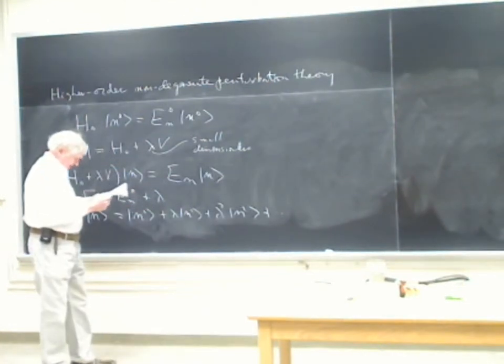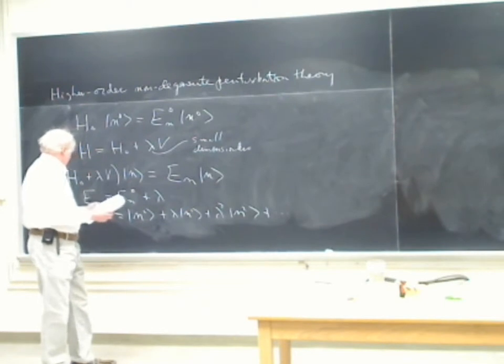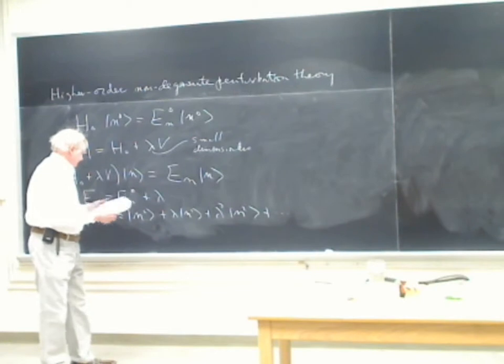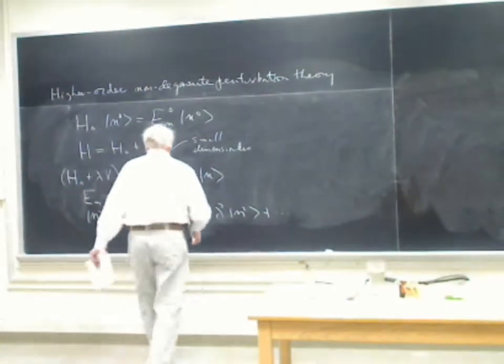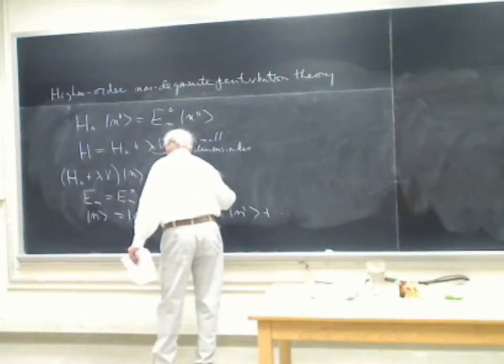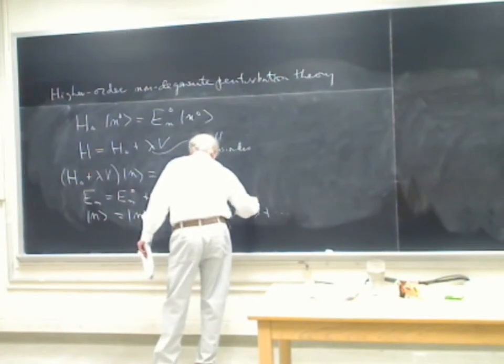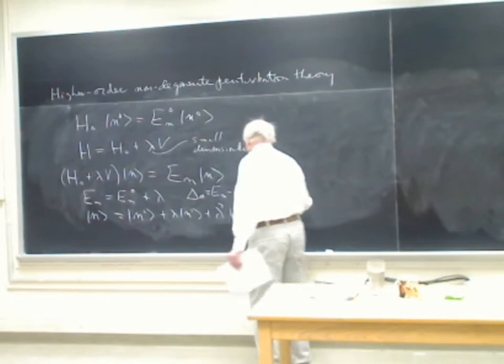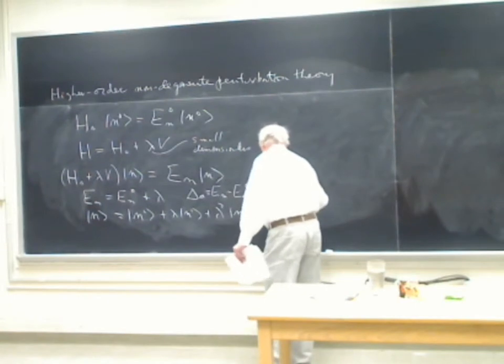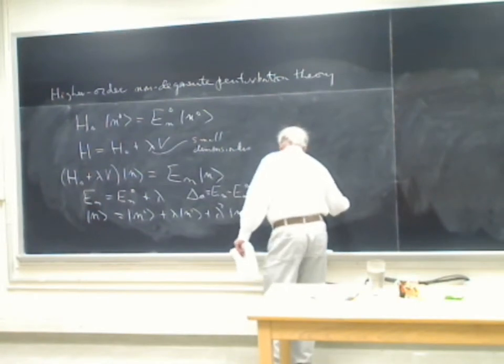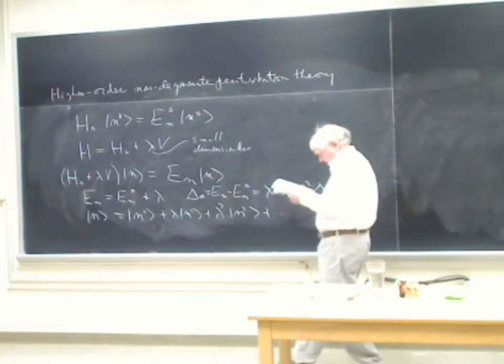Unfortunately, I don't have a notation for this. What we say instead is that delta n, which is En minus En0, is going to be lambda delta 1 plus lambda squared delta 2 plus dot dot dot.